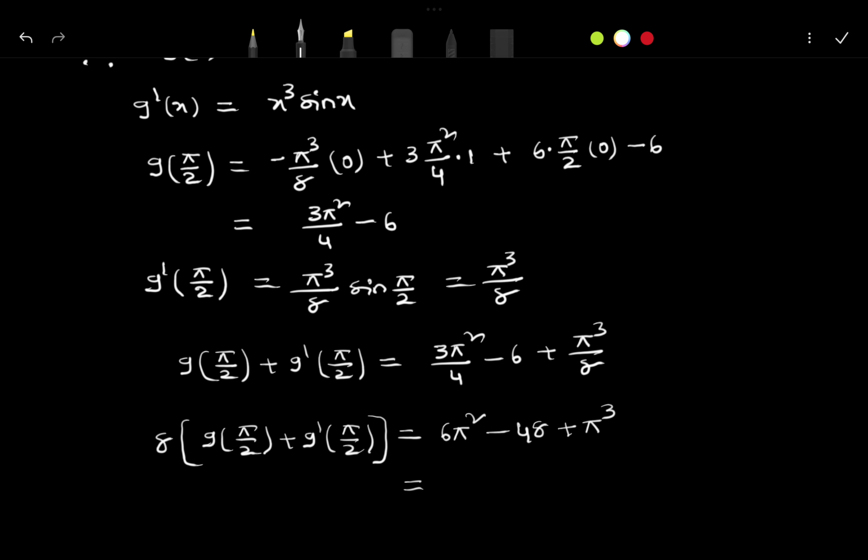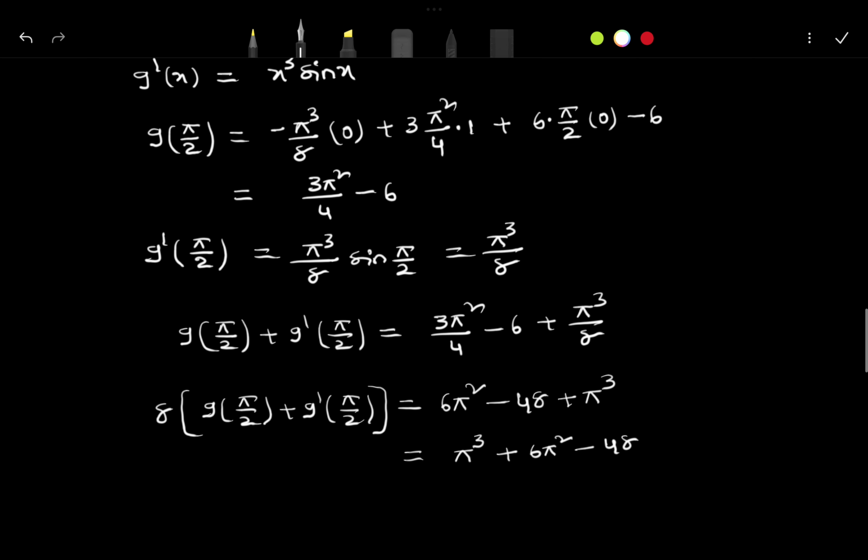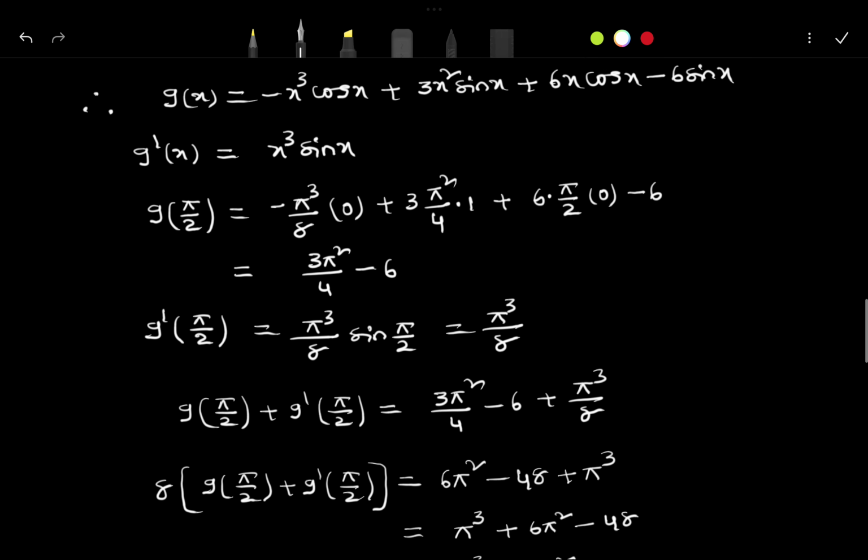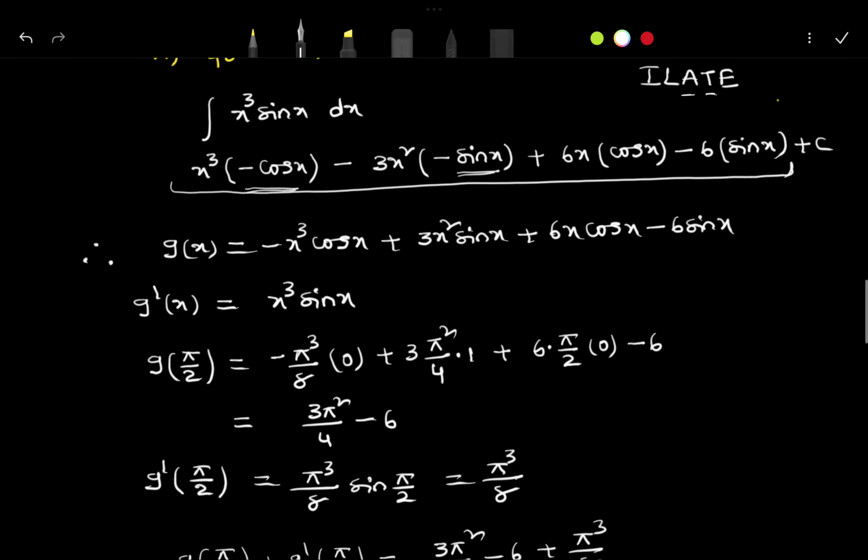That is equal to, you write this one in the proper order, pi power 3 plus 6 into pi square minus 48. So totally this one we compare with alpha into pi to the power of 3 plus beta into pi square plus gamma.